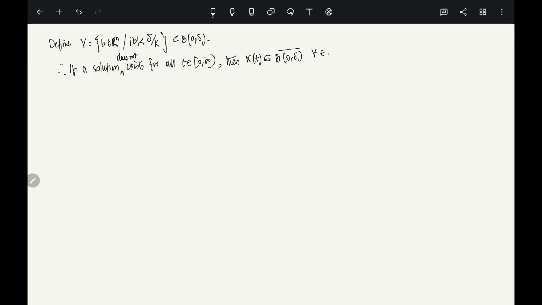So essentially what it means is x(t) must leave the compact set. Let me put it this way: x(t) must leave B(0, delta) bar. That's what it is. This is where we are actually going to find a contradiction.